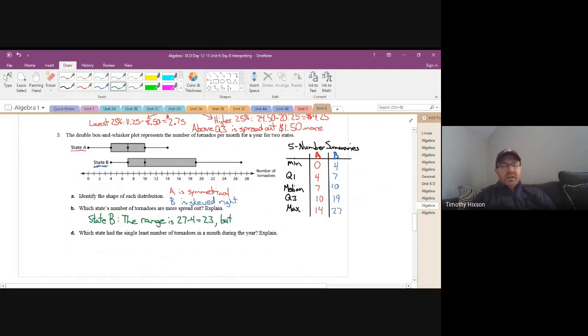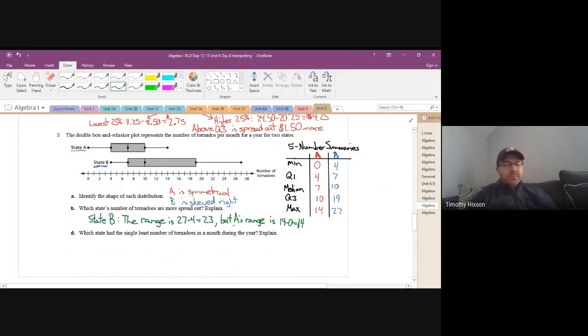But A's range is 14 minus 0, equal to 14. So clearly much smaller.